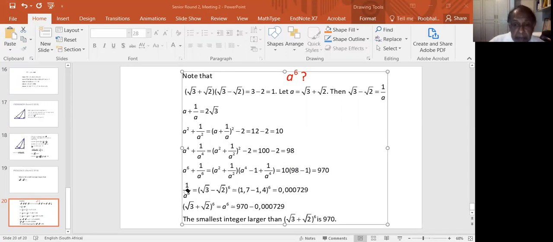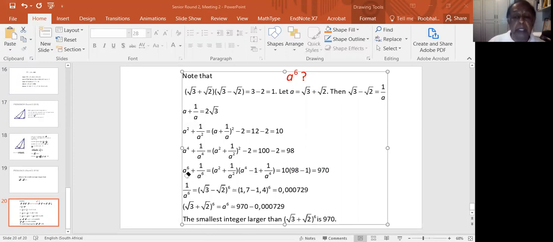So what are we saying? We are saying that 1 over a to the power of 6 is very, very small, because what we've got here is a to the 6th plus 1 over a to the 6th, which is exactly equal to 970. So this quantity here is very small. Look at it, very small compared to this whole thing.